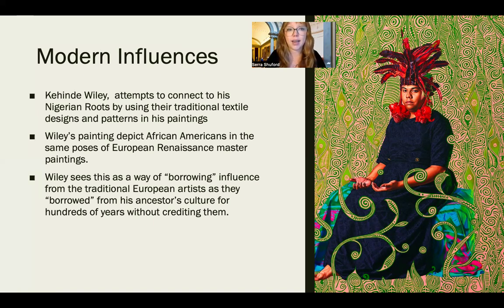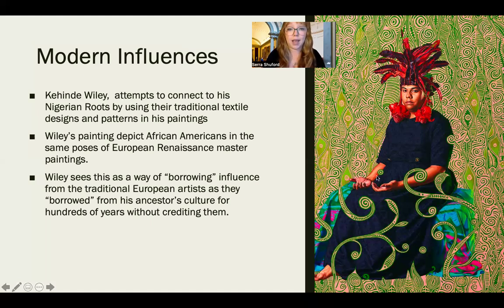And in a way to connect his Nigerian roots to his artwork, he uses their traditional textile designs and patterns in his paintings. Sometimes he'll paint them himself. I've researched a few where he'll actually have traditional artists in Nigeria paint these designs first, and then he will go back on top of them and paint his portraits.